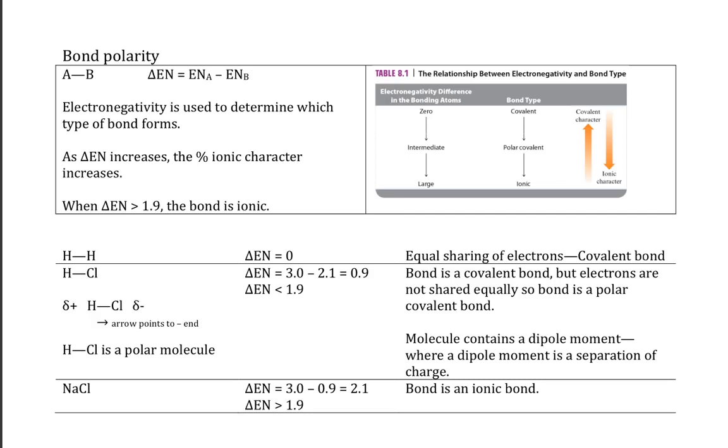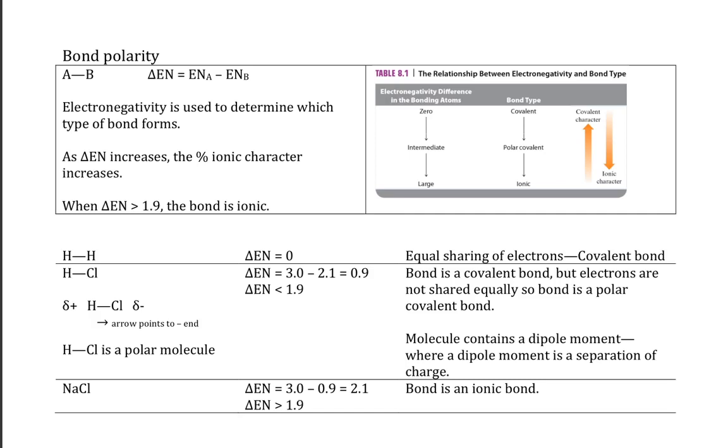Looking at table 8.1, we see that in comparing atoms, if the electronegativity difference, delta EN, is 0, then we have a covalent bond. In fact, we have a pure covalent bond, all covalent character.